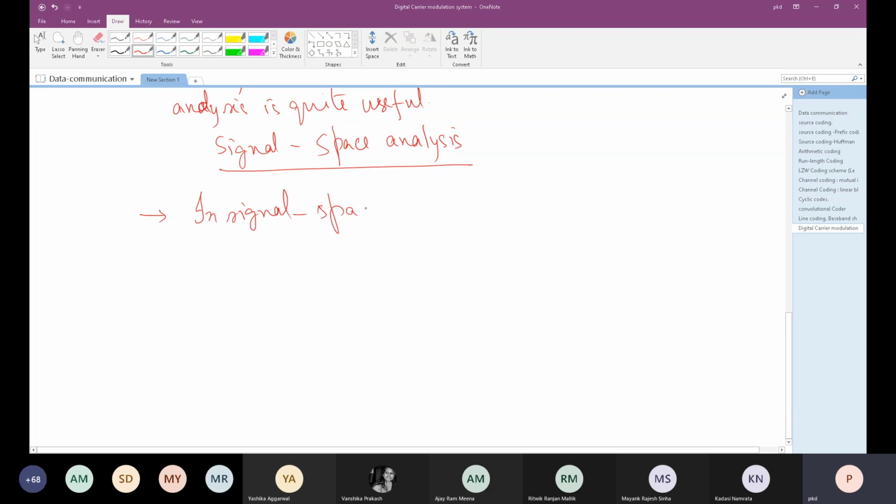In signal space analysis, certain signals are taken as base signals. For example, suppose we are doing carrier modulation, the carrier frequency signal, that is sine omega_c t, if omega_c is the carrier frequency, or cosine omega_c t, can be taken as a base signal.